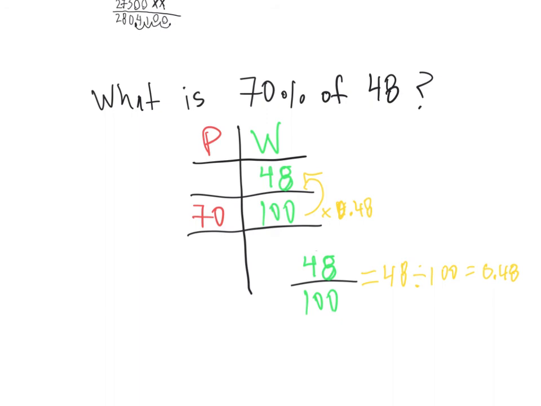So what we do on one side of our table, we have to balance and do to the other side of the table. So now we have to multiply 70 by 48 hundredths. And there's several ways that you can tackle that, but it's not a difficult multiplication problem at all.